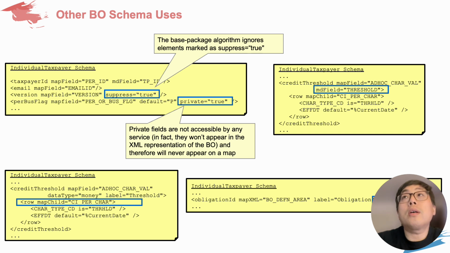Now for ad hoc char val, it is mainly used for a string, so there are no defined values. If it is a predefined value, it is normally mapped to the field called char val. Okay. And for foreign key, it's another field, which I think is called foreign key val.